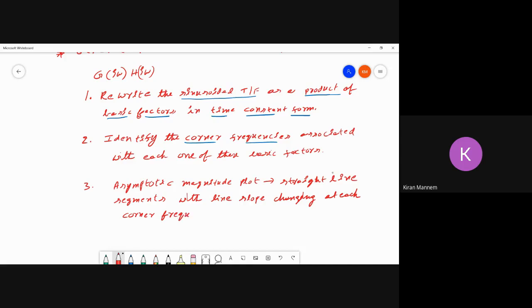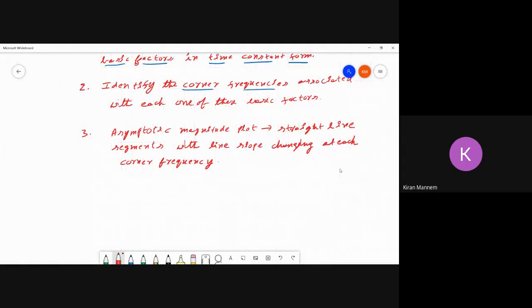Line slope will change at each corner frequency. So how do they change? Let me summarize all the basic factors here. Plus 20 dB per decade, minus 20 dB per decade.